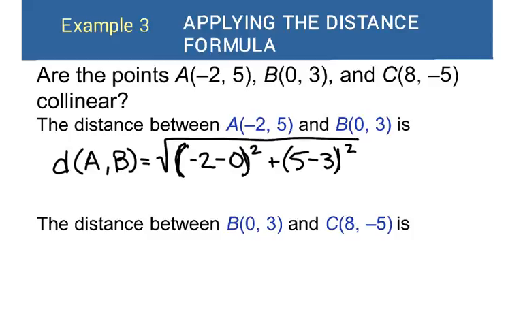I don't know why it's drawing straight lines whenever I'm drawing a curve. But anyway, here we go. That is equal to the square root of 8, which can be reduced.